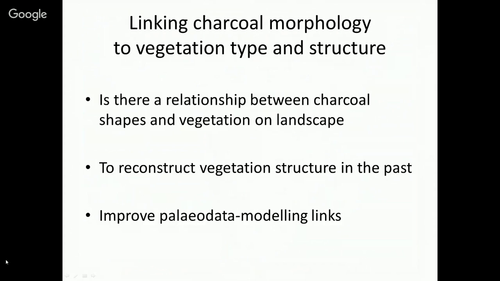And if it's possible to do that quantitatively, it might be possible to reconstruct the structure of the vegetation at the site through time. And that should improve linkages between the type of paleo data we're able to collect and land cover modeling.